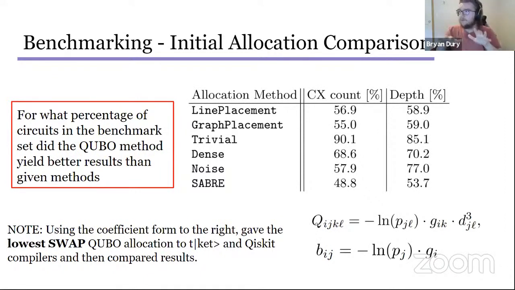Yeah, so we haven't run anything here on actual devices, but on the back end, similar to what I was saying with swap count, we calculated success probabilities of our circuits. And if you took the same allocations that had the best success probabilities you found for running the circuit, and you fed that through a compiler, you again lose this correlation.